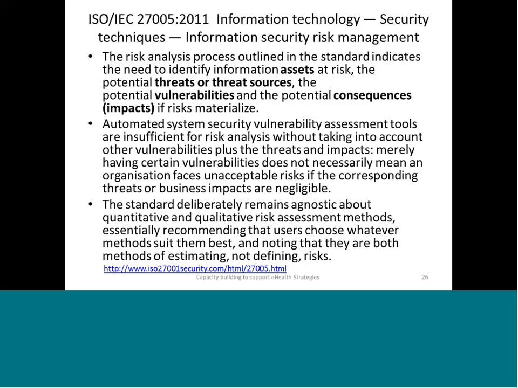So basically, ISO IEC 27005 is providing another framework that is saying, make sure that you have thought through all the different types of assets that you have, and all the different threats and threat sources, and all the potential vulnerabilities and potential consequences if risks materialise. But understand that you may be very vulnerable, but does it matter if the threats or the business impacts are negligible? No, it probably doesn't. But the discipline of going through and making those assessments is what's of value.